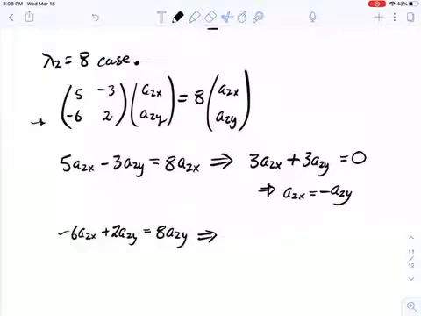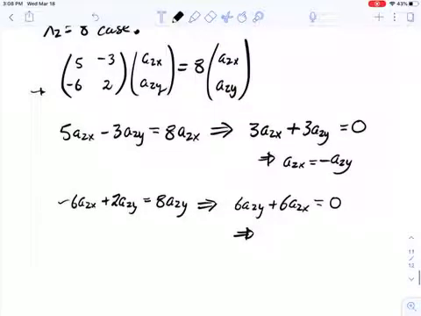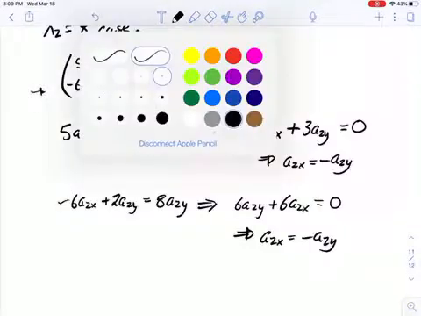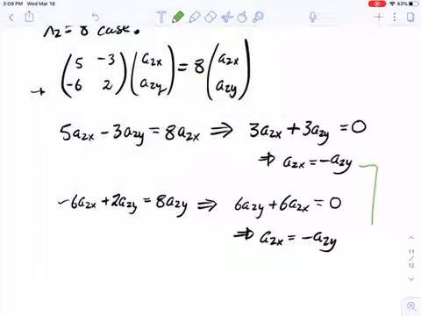Okay, so we get 6a2y plus 6a2x is equal to 0. And again, we get the same thing. We get a2x must be the negative of a2y. So once again, we got the same condition from our two equations.